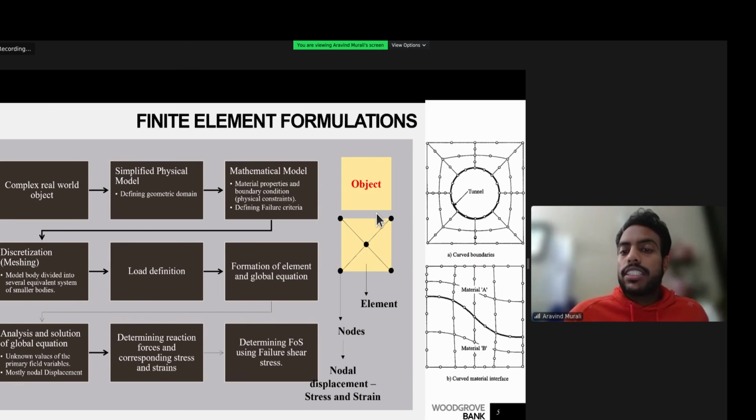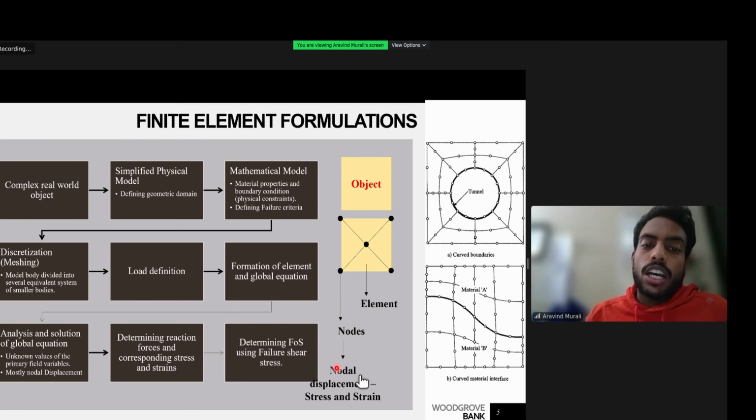These element equations are combined together to form a global equation, which is then solved to find the unknown variables using several methods explained in the further slides. Further, the stresses and strains corresponding to the nodal displacements are obtained, thereby determining the factor of safety of the slope model or any geotechnical problem.